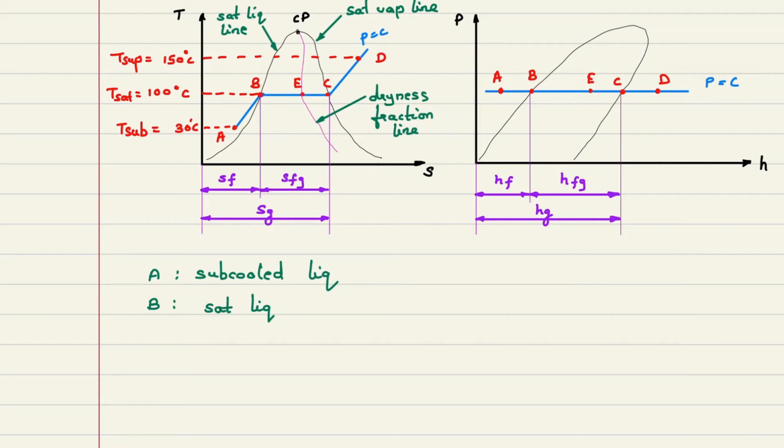Then point C, you can notice point C, it is on saturated vapor line. So point C will be saturated vapor. Point D, it is in superheated region. Okay, at the same time here also you can observe point D is in superheated region. So point D will be superheated vapor.